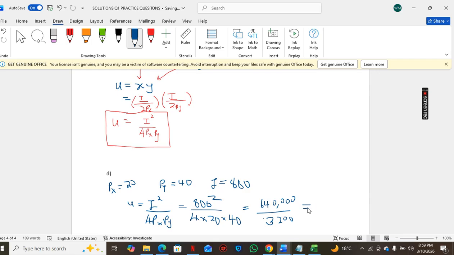So 640,000 divided by 3,200. 200 utils. Okay. So this is the maximum satisfaction you will get by consuming good X and good Y. 200 utils. Any questions?